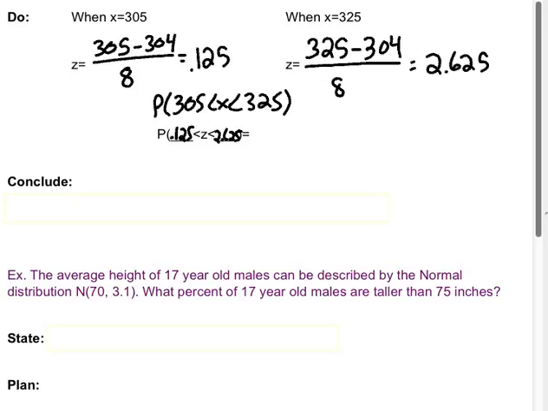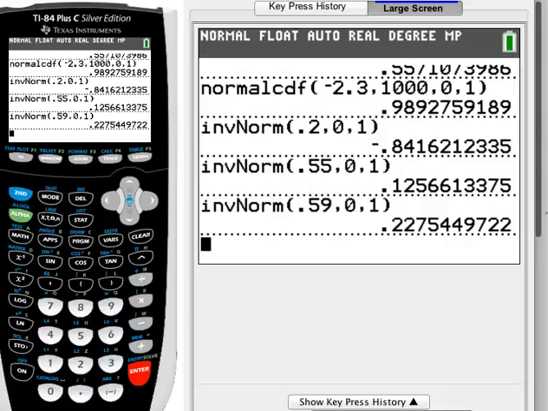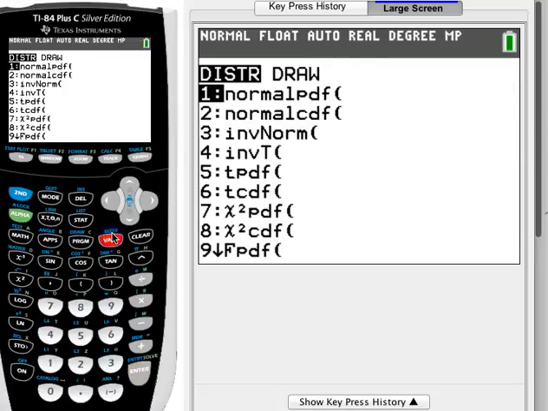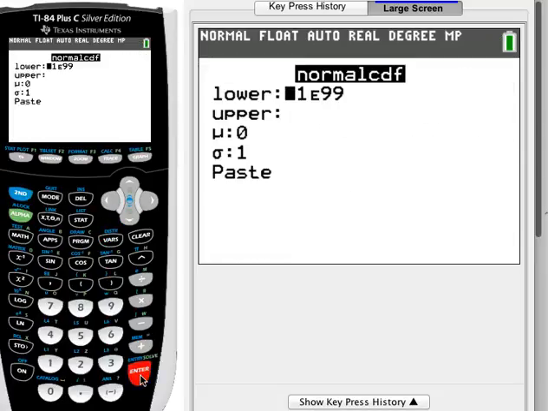And remember, yesterday, that is what normal CDF does. Normal CDF takes z-scores and finds the probability of having areas between them.